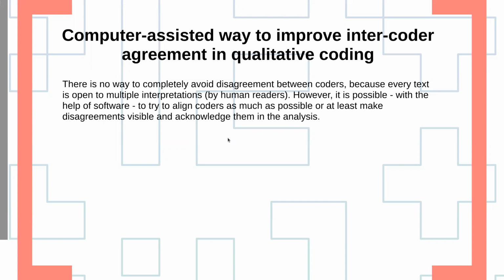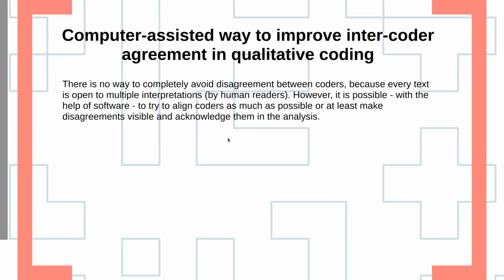And also, sometimes when it is not possible to avoid disagreements, we can just make them visible and know about them, to be reflexive that we do coding and we disagree in our coding, but we can monitor our disagreement and acknowledge it in the analysis.